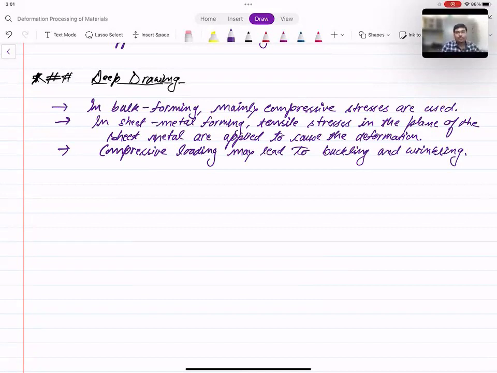Also, we should keep in mind during sheet metal forming that there should not be much reduction in the thickness of the sheet because it may ultimately lead to necking and cracking, ultimately leading to failure.